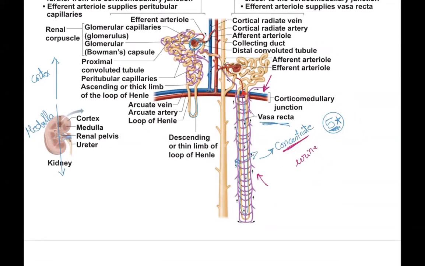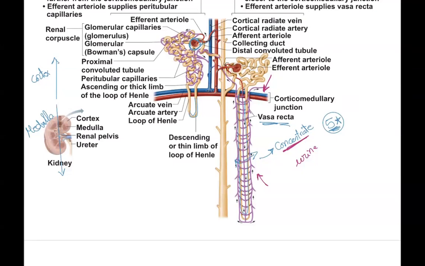So you travel from the arcuate artery to the radiate artery, and from the radiate artery, you're going to be distributing the blood to the glomeruli of the nephrons in the cortex through the afferent arterioles.